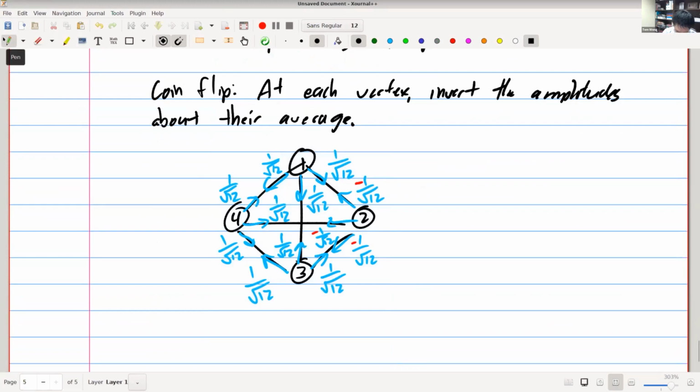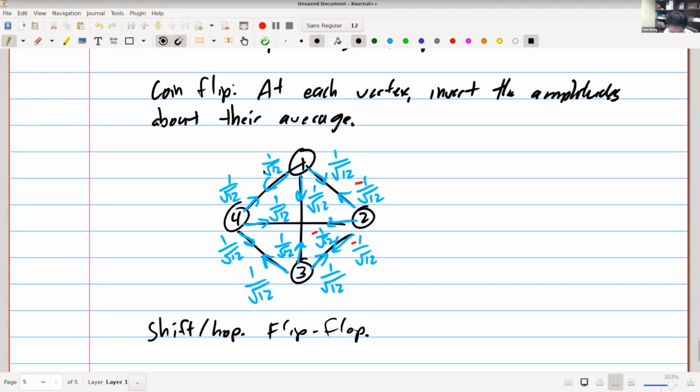And let's keep going. Finally, we're going to do a shift or a hop. What we do is what's called the flip-flop shift, meaning that if you're at vertex 1 pointing to vertex 2 with this amplitude, 1 over root 12, you hop and then you turn around so that you're pointing back to vertex 1. Basically these 2 amplitudes will swap.